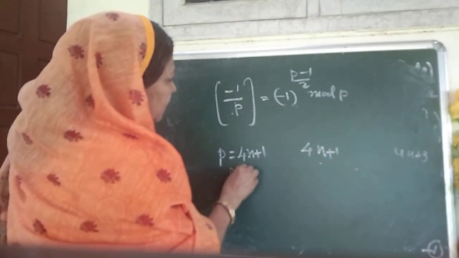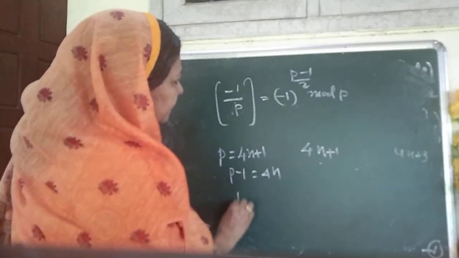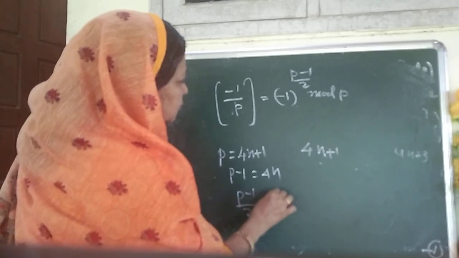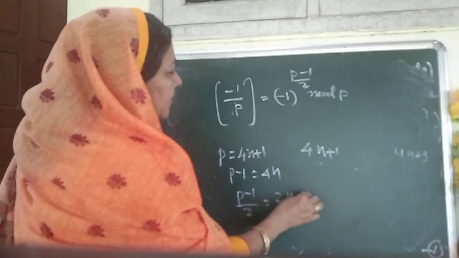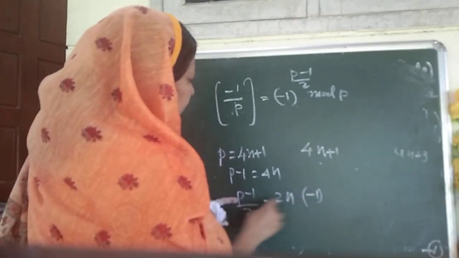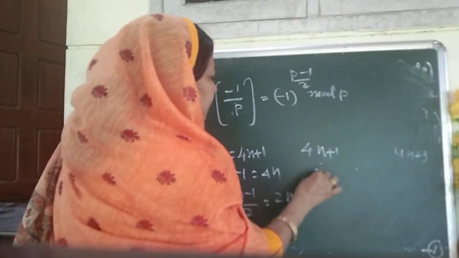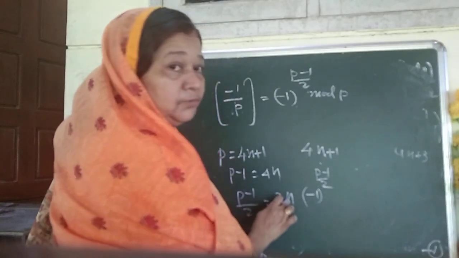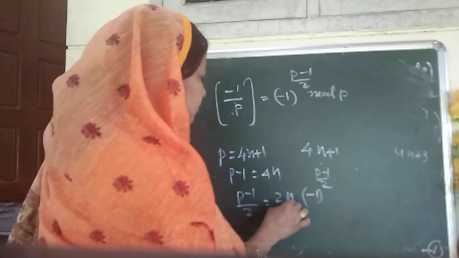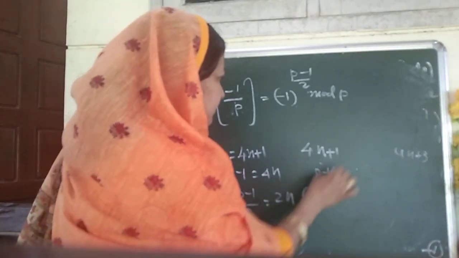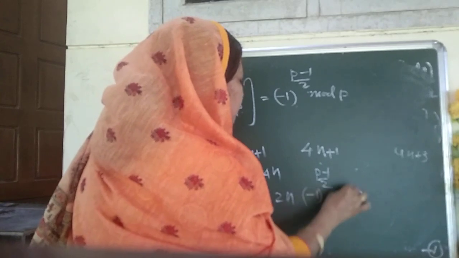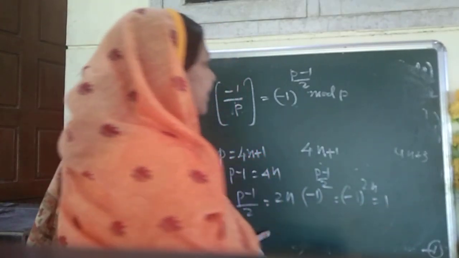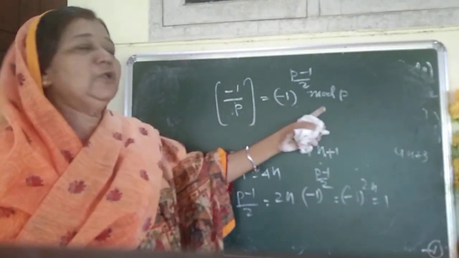Then p minus 1 equals 4n, therefore (p minus 1)/2 equals 2n. Therefore, (-1) raised to (p minus 1)/2 is (-1) raised to 2n. That is 1 modulo p.